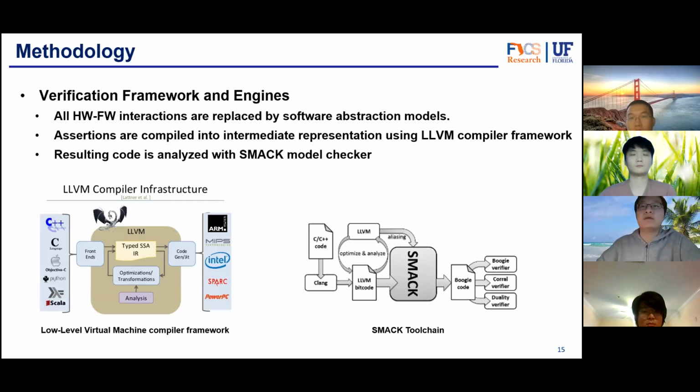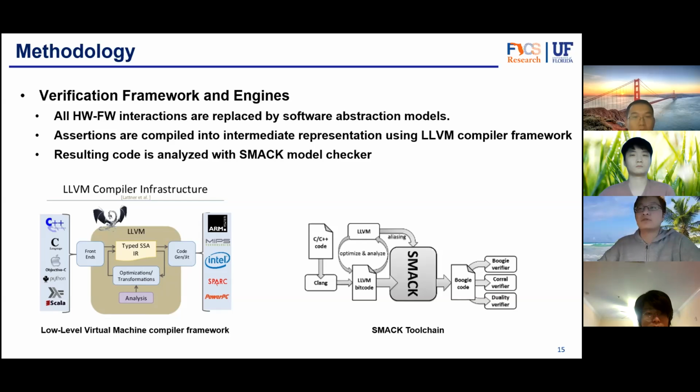So LLVM stands for low-level virtual machine. It is a set of compiler and toolchain technology which can be used to develop a front end for any programming language and a back end for any instruction set architecture. LLVM is designed around a language-independent intermediate representation that serves as a portable, high-level assembly language that can be optimized with a variety of transformations over multiple passes.